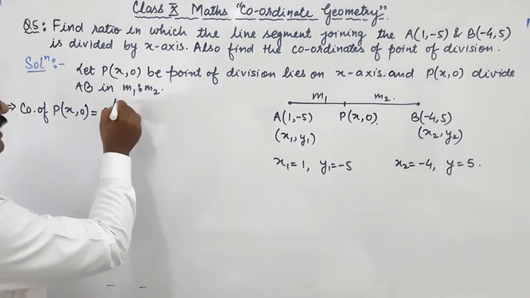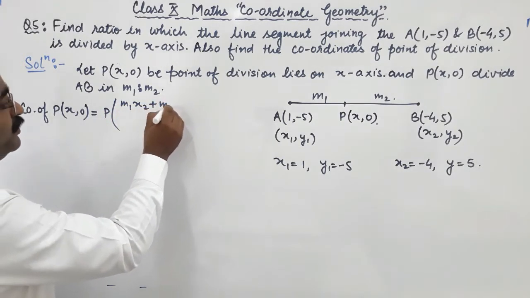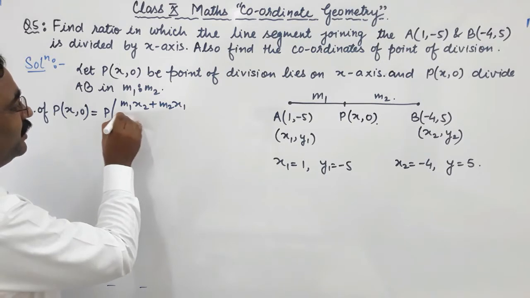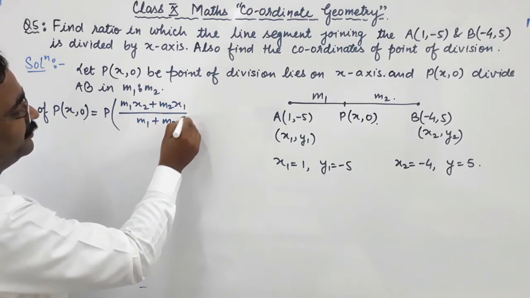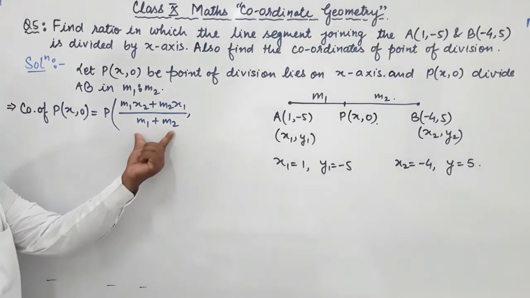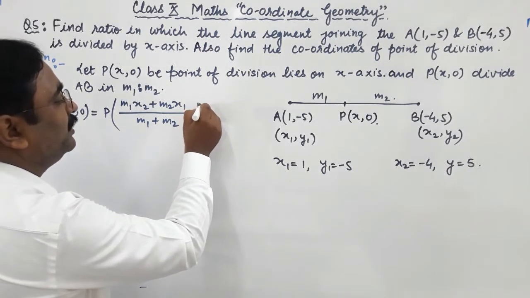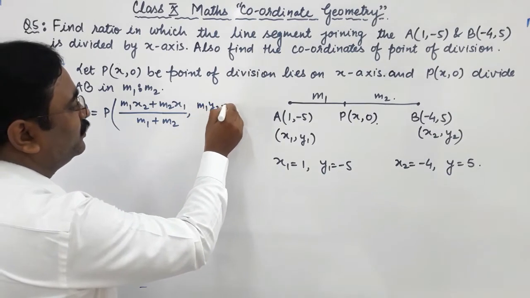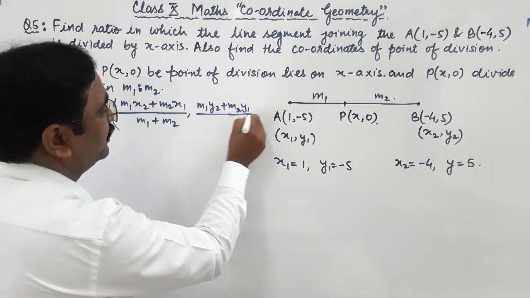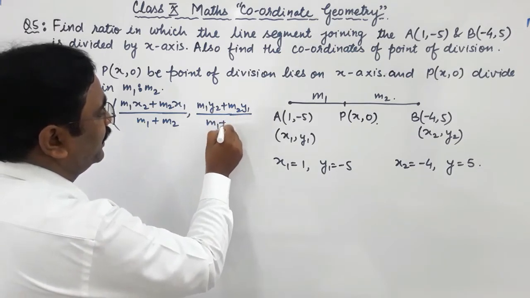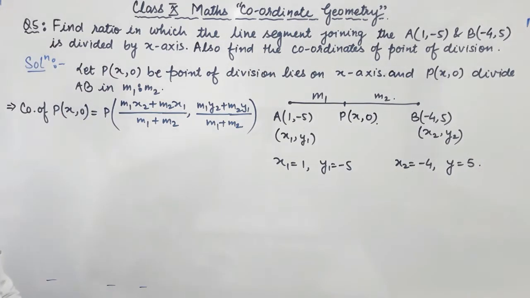The x coordinate is (M1 x2 + M2 x1) upon (M1 + M2). Now the y coordinate will be (M1 y2 + M2 y1) upon (M1 + M2), right?